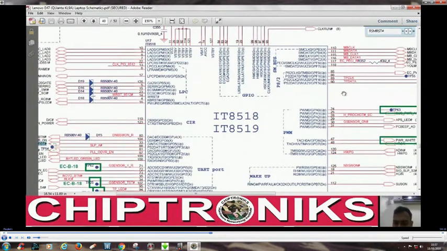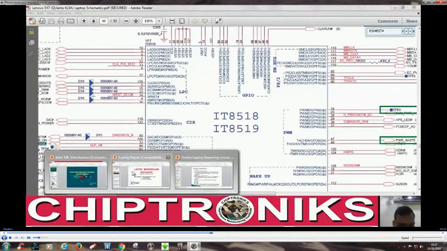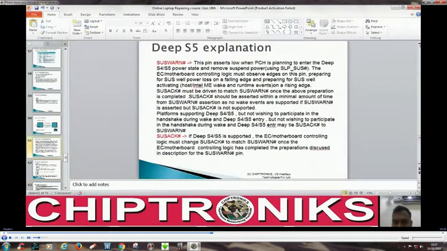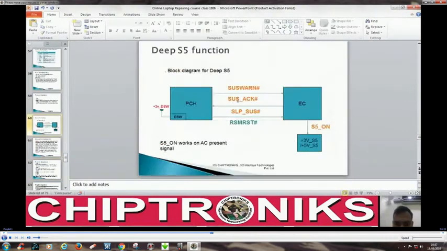If the deep S5 section is enabled in the motherboard, it will wait for the SUS1 signal from the PCH. After getting SUS1 from the PCH, as you can see here in the diagram, it will generate SUS_ACK.